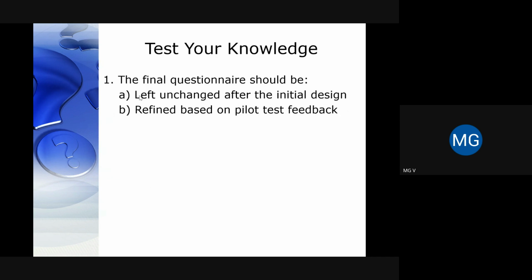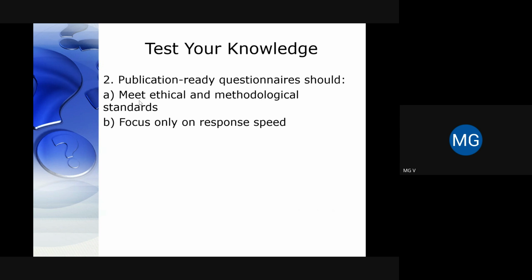The final questionnaire should be left unchanged after the initial design, or refined based on pilot test feedback. B. Right. It should be refined based on pilot test feedback. A publication ready questionnaire should meet ethical and methodological standards, or focus only on response speed.